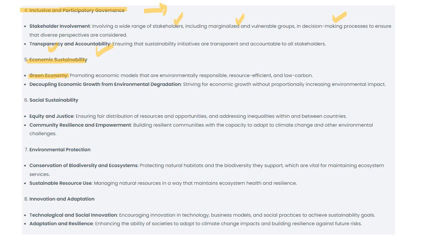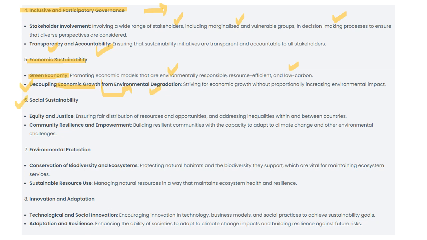The economy should promote environmental sustainability. We should have low carbon emission. Decoupling of economic growth and environmental degradation: economic growth should not lead to environmental degradation. Economic growth should be such that the environment can be protected.